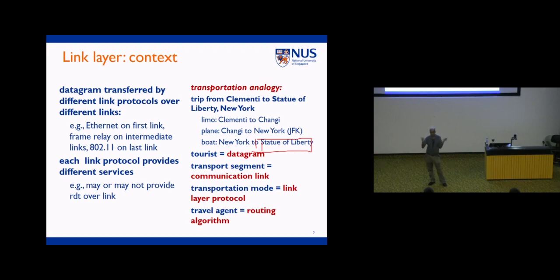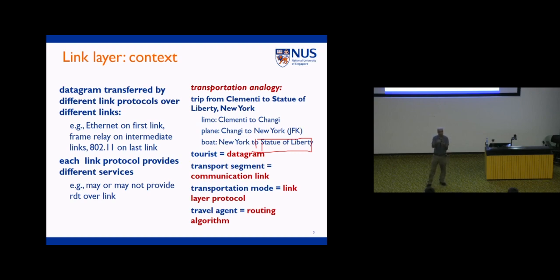If I search somewhere, maybe on the web, it'll say, you need to go from here to Changi, take a plane from Changi to JFK, New York City, and then, I made it up, ultimately, to get to the Statue of Liberty, you have to take a ferry or a boat. The boat doesn't leave from the airport, but let's say it leaves from the airport.